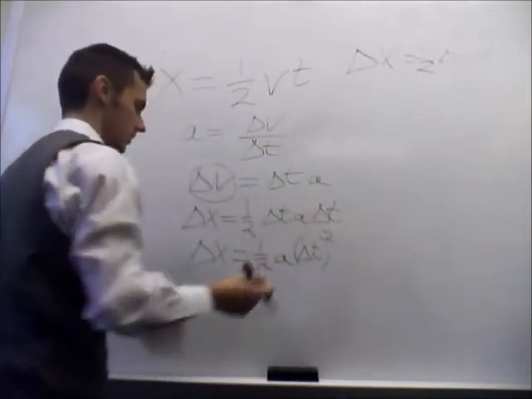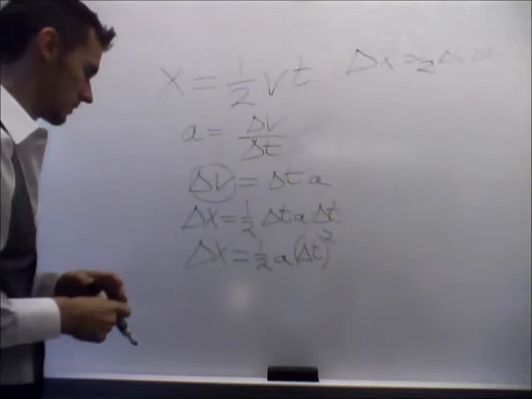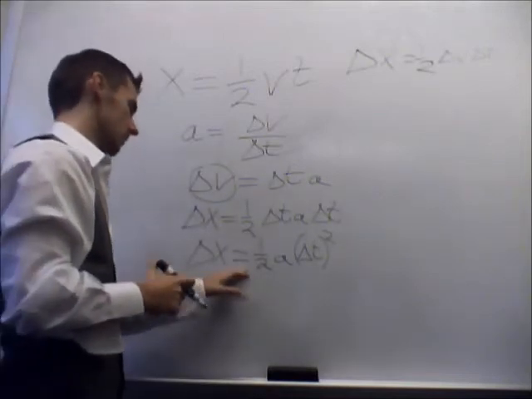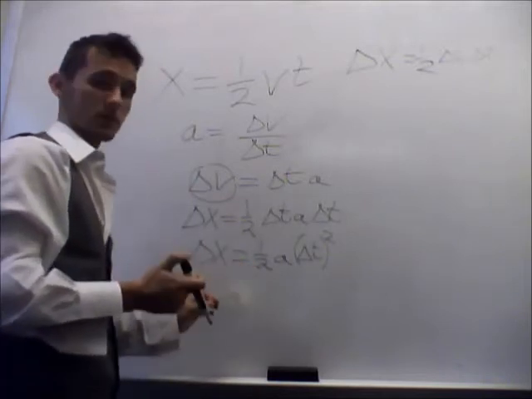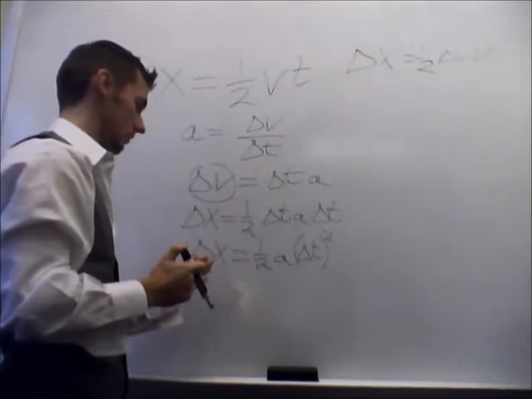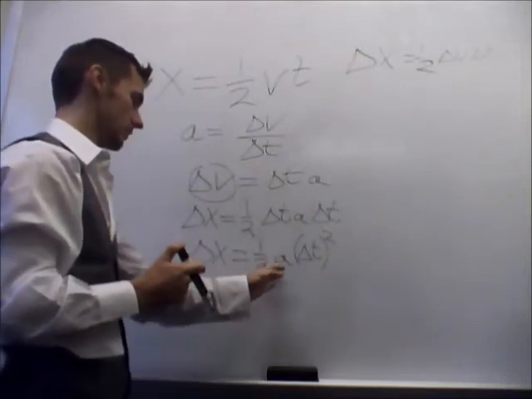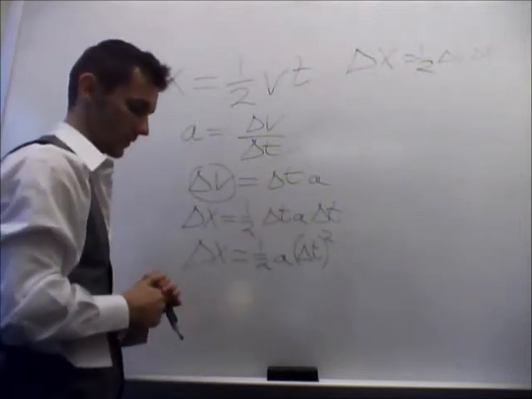Because we have two of those, they'll multiply together. And so this is the equation that you'll be using if you're starting at 0 velocity. You don't have a starting velocity, and so all you're worried about is your acceleration, how long, and the distance that you'll be traveling because of it.